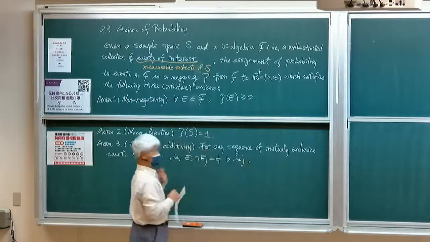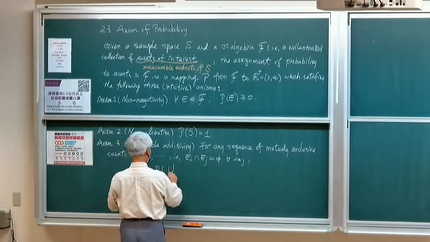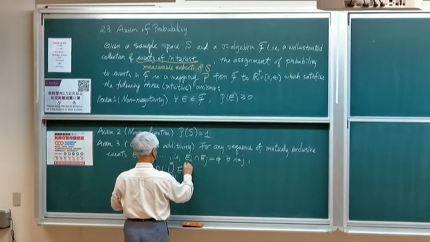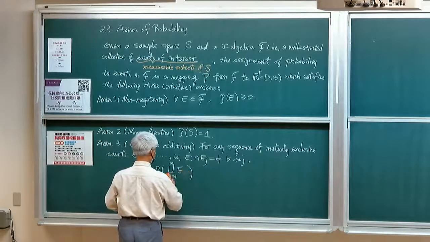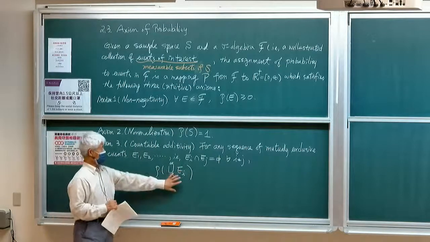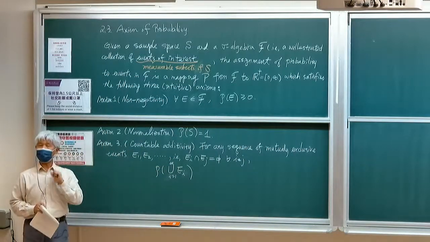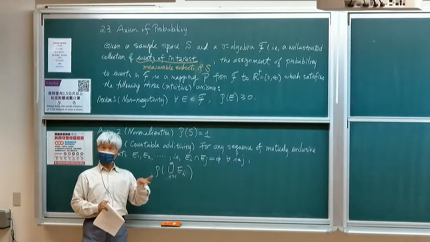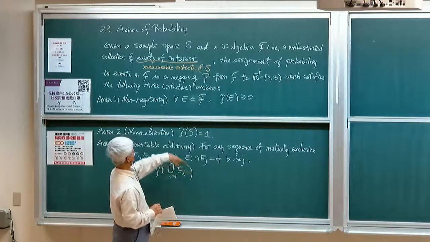Right. So for any such sequence, the probability of their union. Now, because we have a sequence of events, and by the third property of sigma algebra, this union must be in F again. So it's in the domain of this mapping.